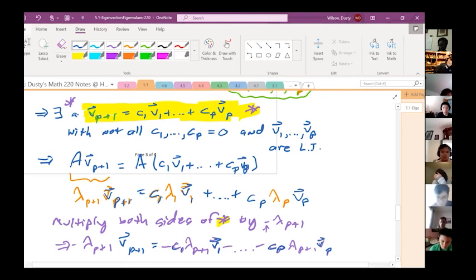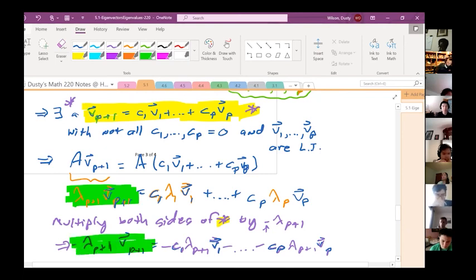This is a little bit strange, but notice we have a lambda_{p+1} times v_{p+1}, and we have a minus of the same thing. The only difference being the top one is plus and the bottom one is minus. And so we can add those two lines together.